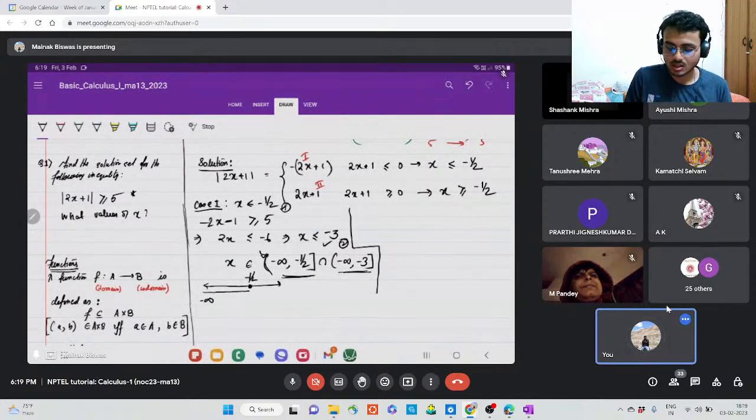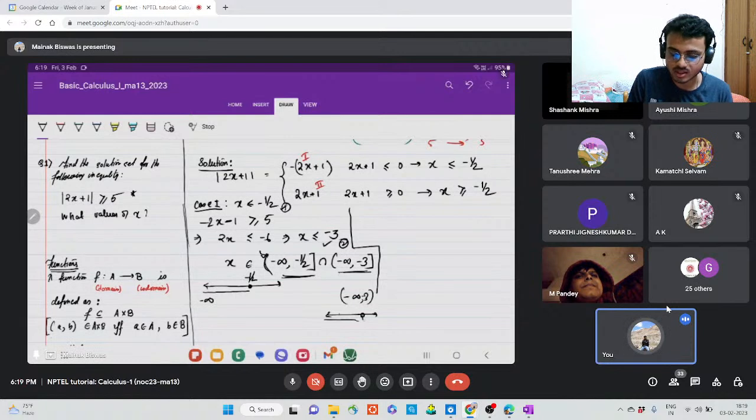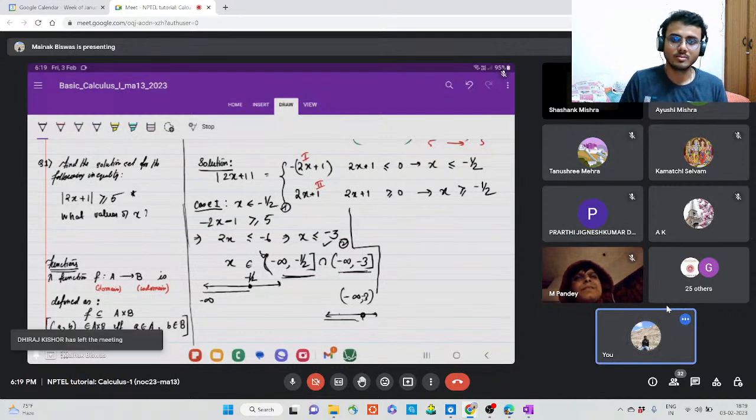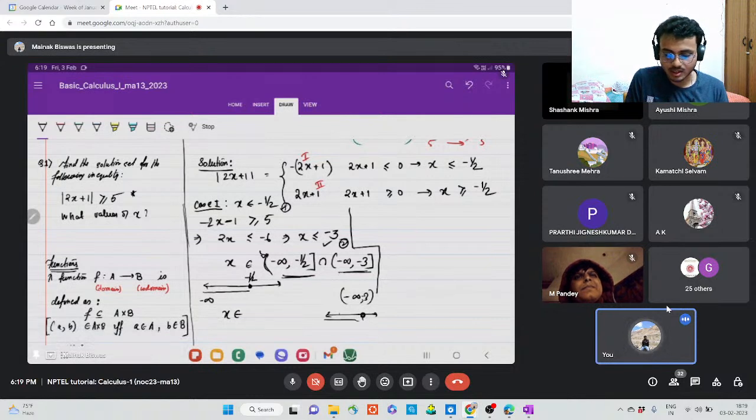If it was an open bracket at minus 3, this would have been an open interval. This is how you define an open interval, and this is how you define a closed interval. You put an open circle and a filled circle to define open and closed intervals respectively.